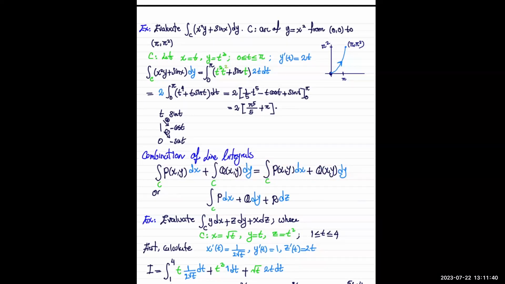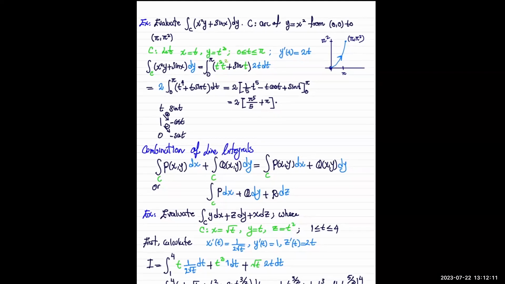Okay, in three dimensions, you could have an extra function. Extra function, let's say, is r, and we could do the line integral of that with respect to, let's say, z. So this is the line integral of p dx plus q dy plus r dz. You're finding all three line integrals simultaneously.